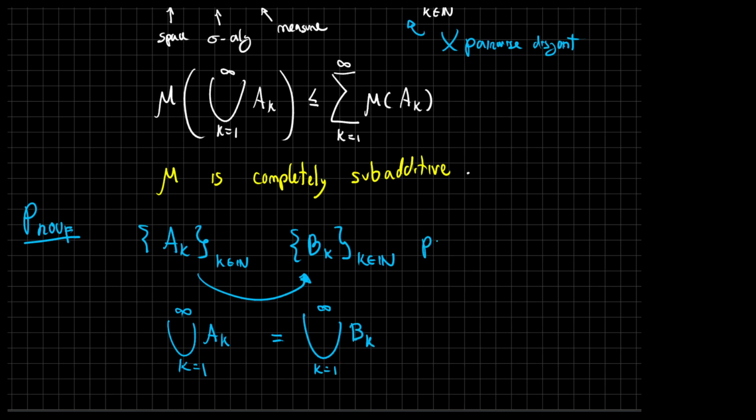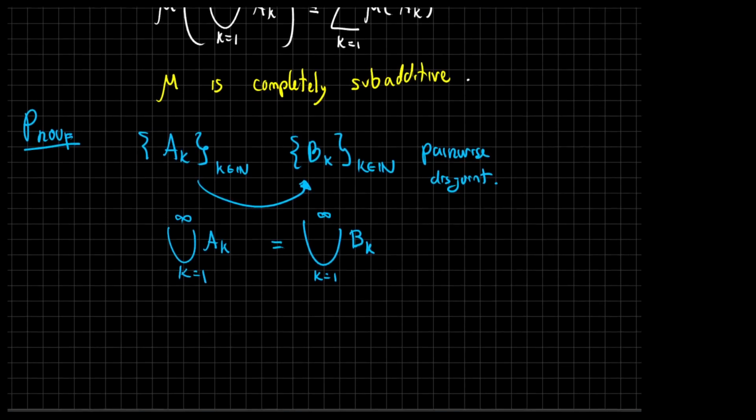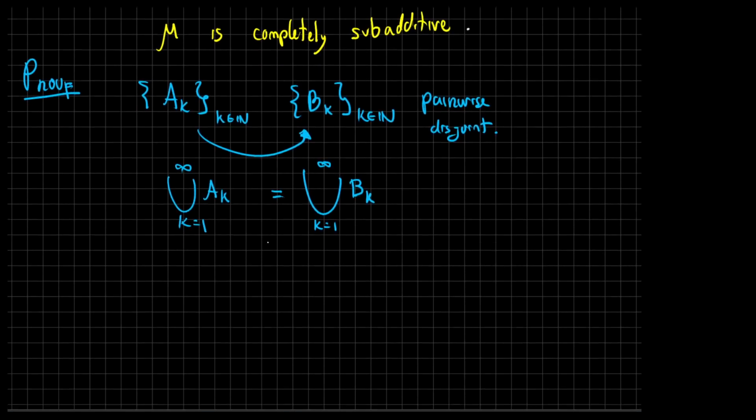But this family is pairwise disjoint. So if we achieve this, then we can apply the property of measures that is completely additive, and we will have some equality and so on. So to construct this other family, we will proceed as follows.